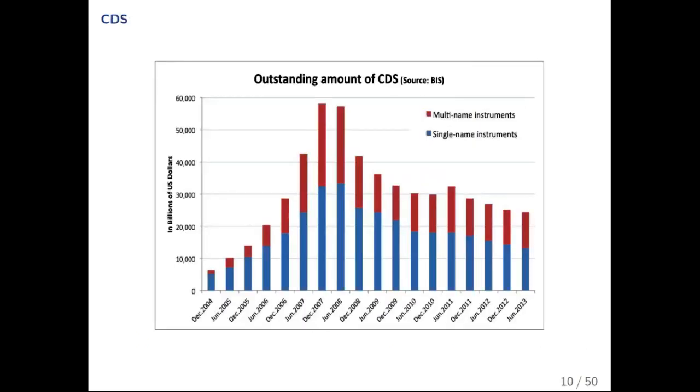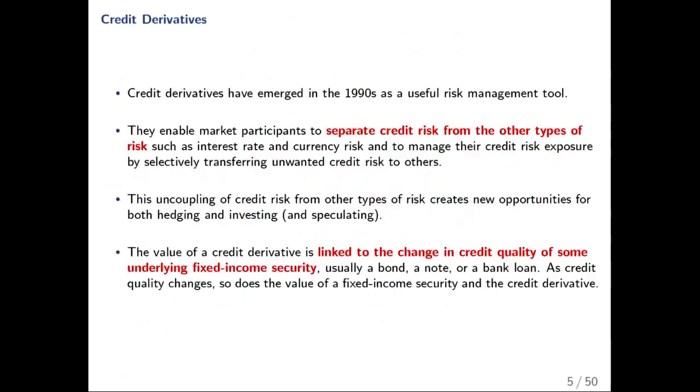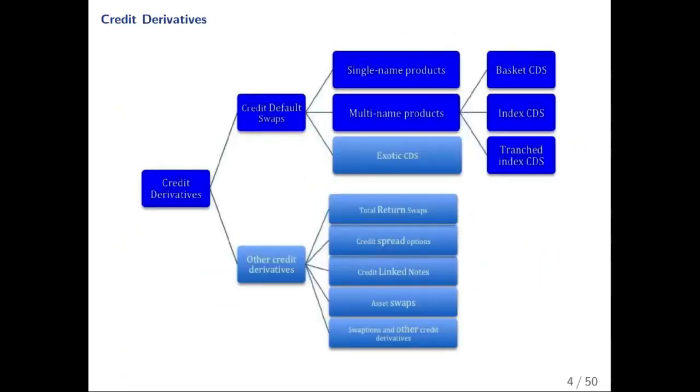Here I'm showing you the same thing, but with a breakdown of multi-name CDS versus single-name CDS. Just to take you back to this plot, when we think about credit risk, we can dissect credit risk products into pure credit risk products and credit risk-related derivatives, which include, for example, total return swaps, which have interest rate risk in them.